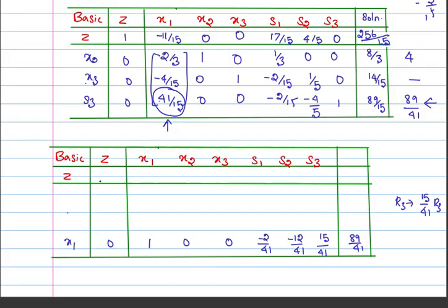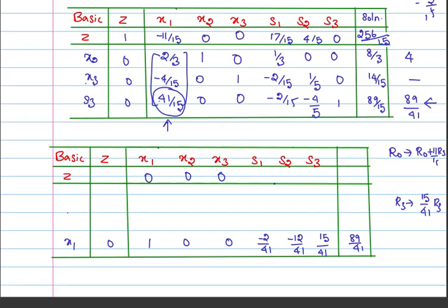Next I want to make all the values in this column 0. So what I want to take is R0 is R0 plus 11 divided by 15 times R3. So this guy makes this one 0. Then this is already 0. So here also 0. Here also 0.